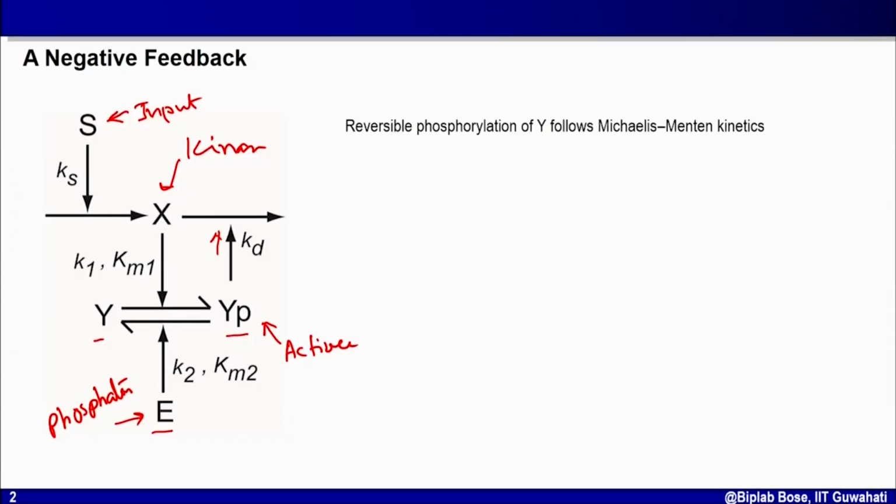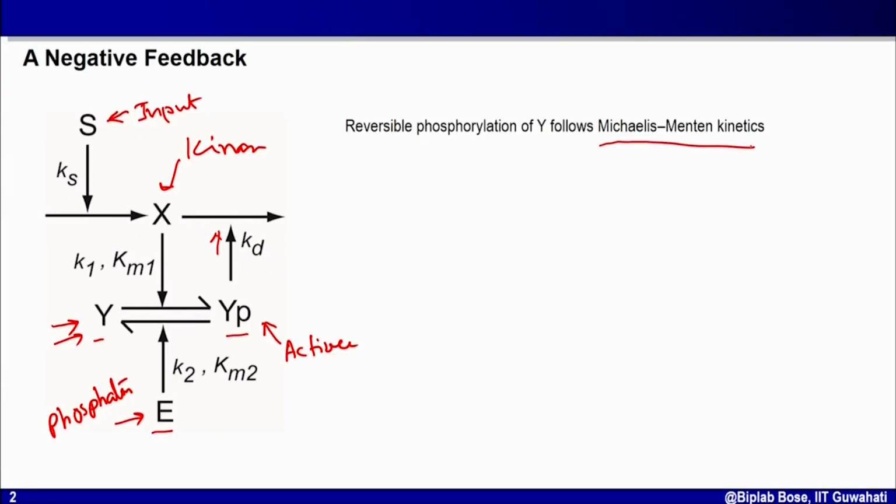So before we move further, let us create a mathematical model using ODEs for this system. How will we proceed? Let me assume that this reversible step, Y to YP, has two reactions, Y to YP controlled by X and YP to Y controlled by E. Let us consider these two steps as following Michaelis-Menten kinetics.